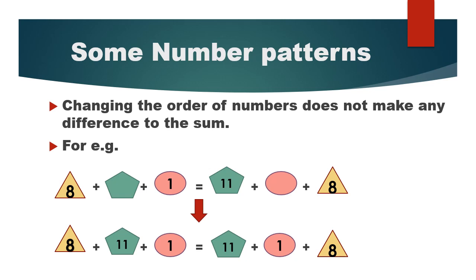On the right hand side, if you add the numbers, you will get the sum 20. In the same way, if you add the left hand side numbers, you will get 20. So, the order of the numbers has just been changed, but it does not affect the sum of those numbers.